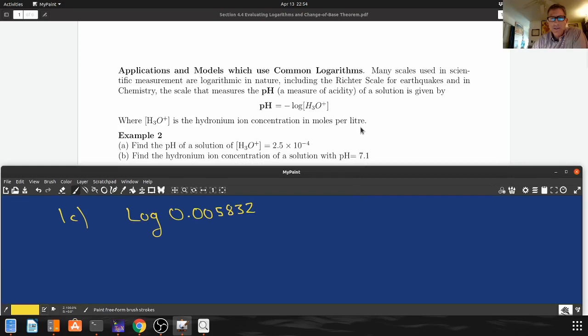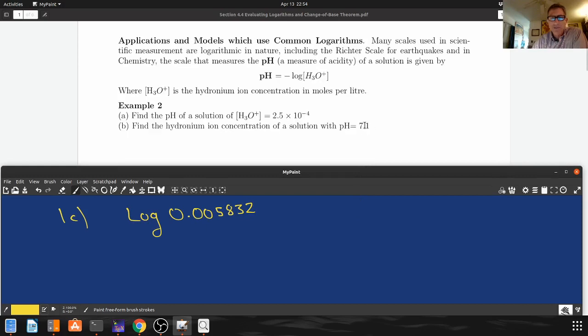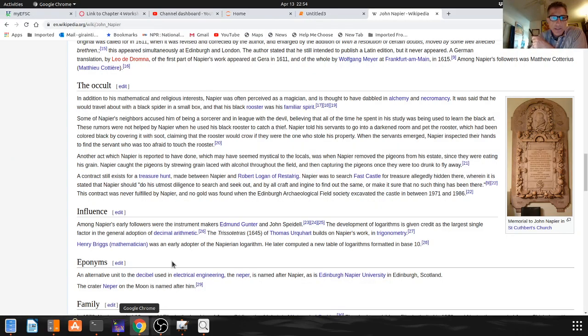So now let's look at some applications. A lot of the scales that are useful to us in science, including the scale for the spread of COVID-19, if you've actually ever looked at that. Let's actually take a look at it right now.